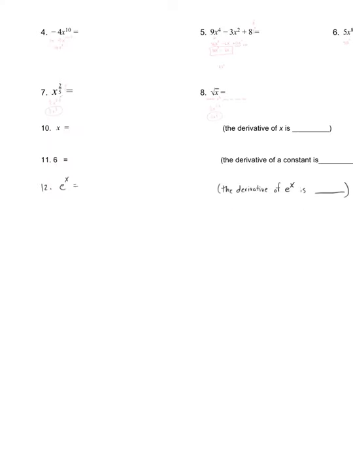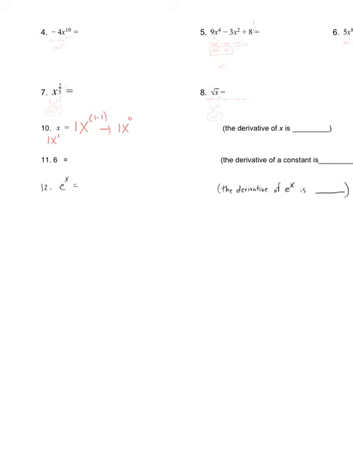Okay, finally, to review, what is the derivative of x? Well, x is the same as 1x to the first. So if we use the power rule, 1 times 1 is 1. If we subtract 1 from the exponent, 1 minus 1, we get 1x to the 0.